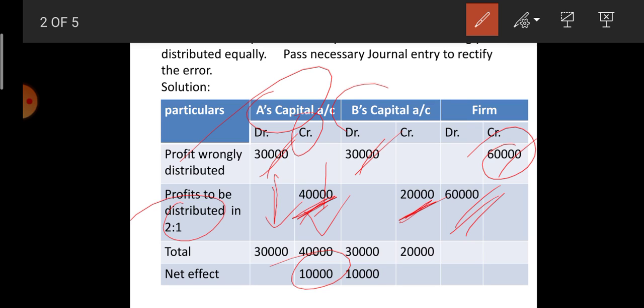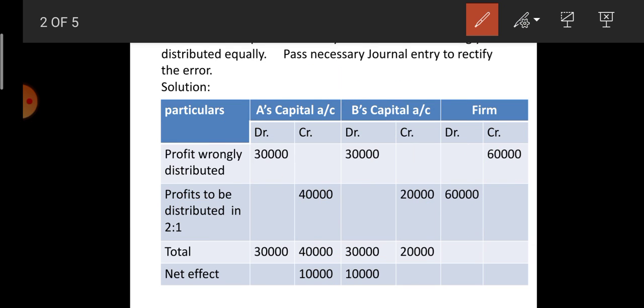In the same manner, compare B's capital. B's debit side is 30,000 and credit side is 20,000. So the debit side exceeds by 10,000. So we will debit B's capital. B will be debited by 10,000 and A will be credited by 10,000.